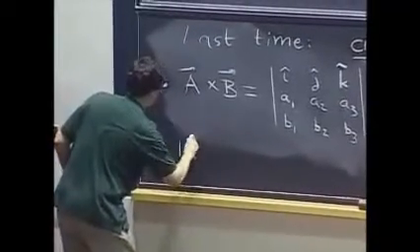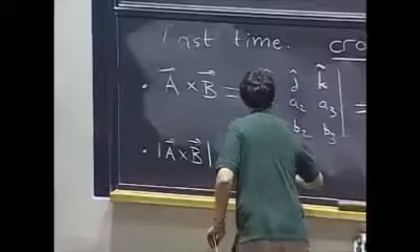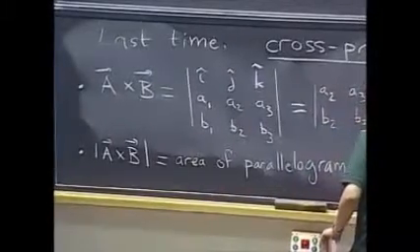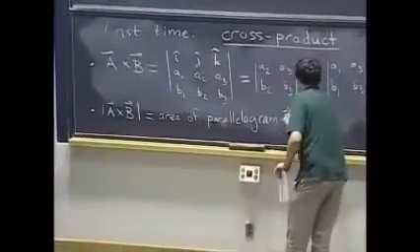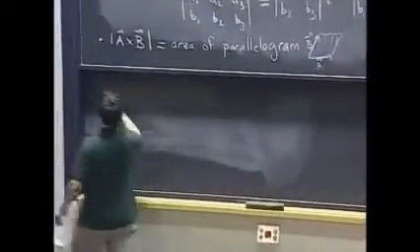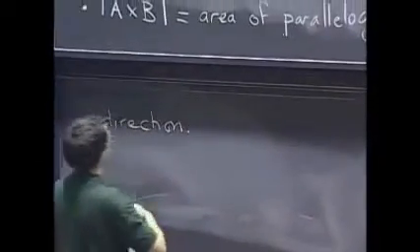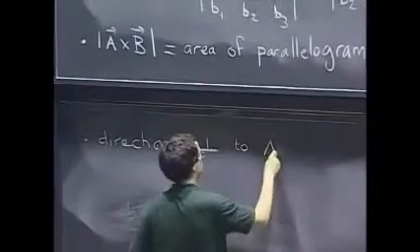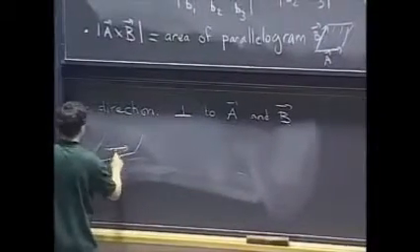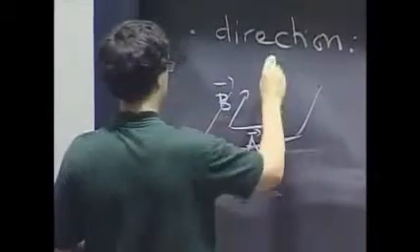So we've learned that the length of the cross product is equal to the area of the parallelogram with sides A and B. We've also learned that the direction of the cross product is given by taking the direction that's perpendicular to A and B. So if I draw A and B in a plane, they determine a plane together, then the cross product should go in the direction that's perpendicular to that plane.